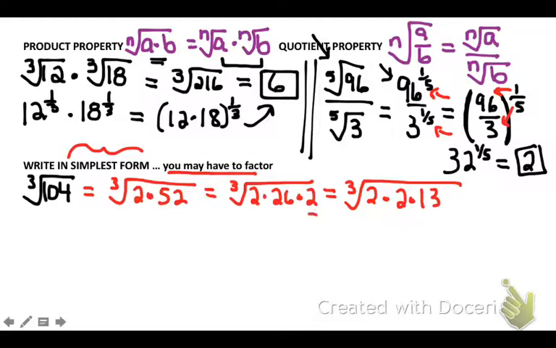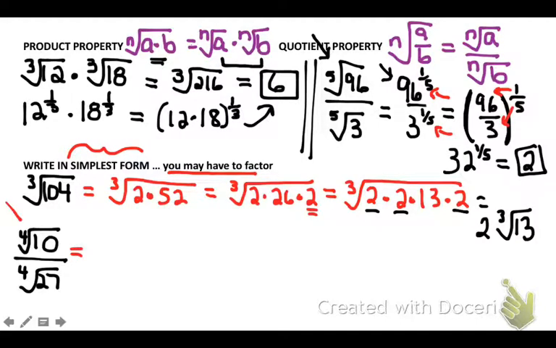But then I still have this 2 that I need to include. And now I have all prime factors. And I can see that I have 1, 2, 3 2's. So that would be 2. I have to include my little index of 3. And 13 is left underneath the radical sign.